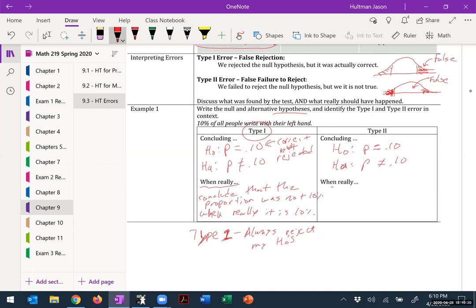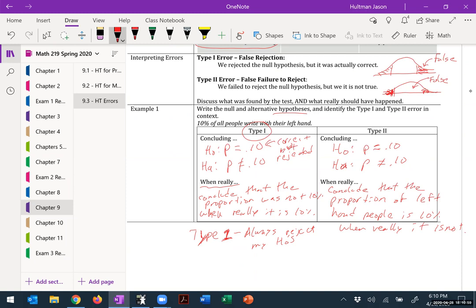We would conclude that the proportion of left-handed people is 10% when really it is not. Here we accept our null hypothesis when it really should have been false. So it's what we call the converse statement of the type 1.